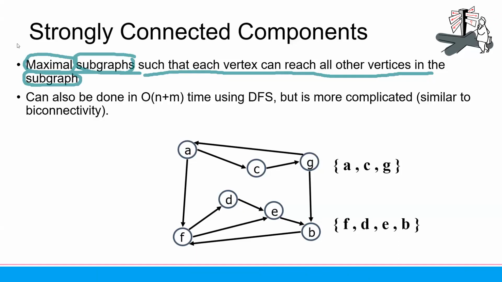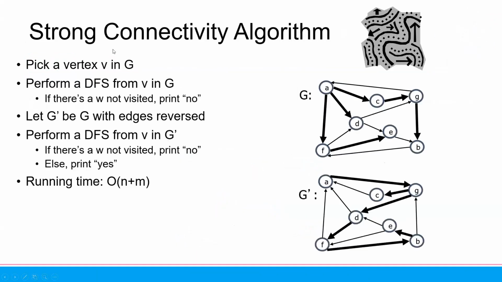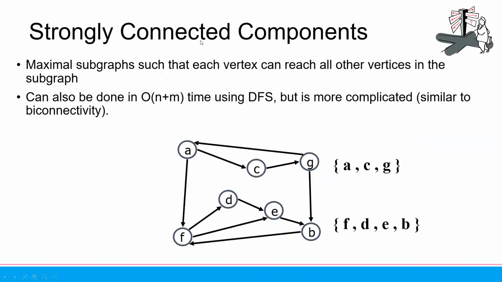If we deal with strong connectivity, it means we need to visit all vertices. But in the strongly connected components, we can visit only the vertices in the subgraph. This can also be done in O(N plus M) time using DFS, but it's more complicated.